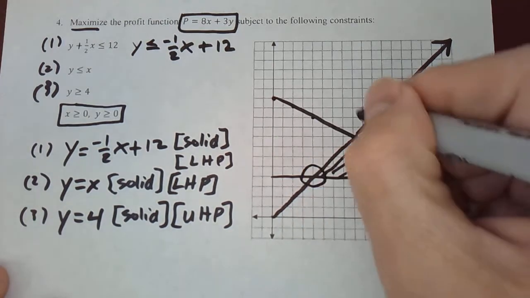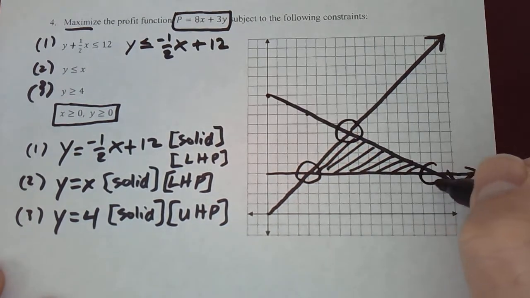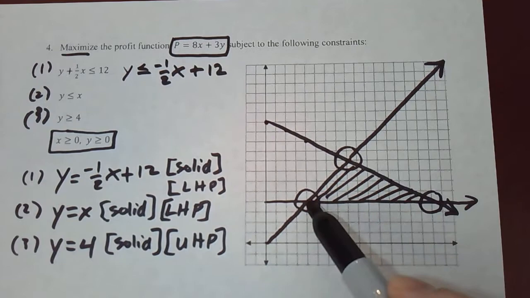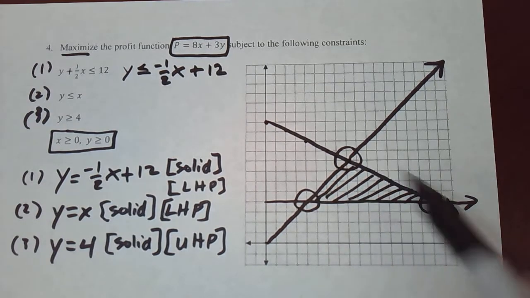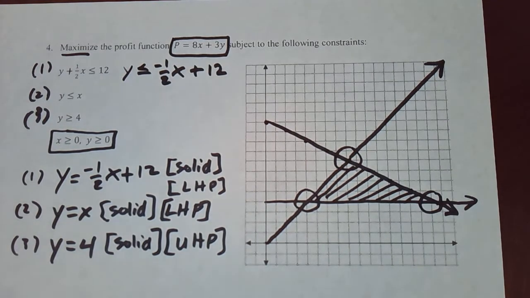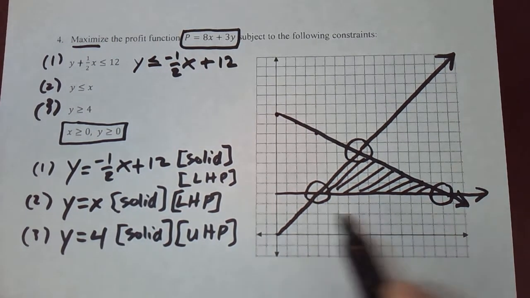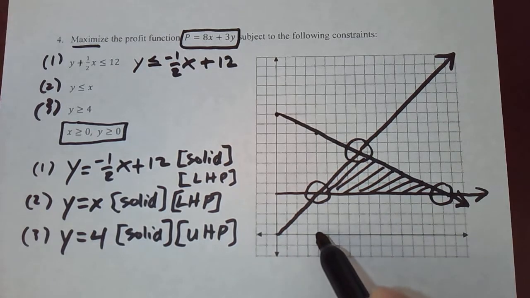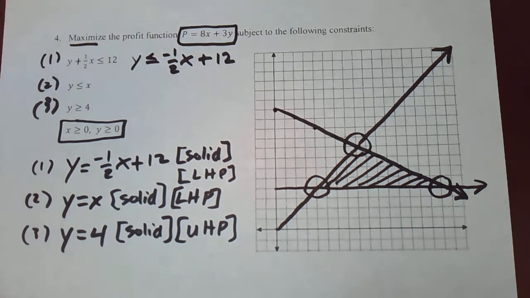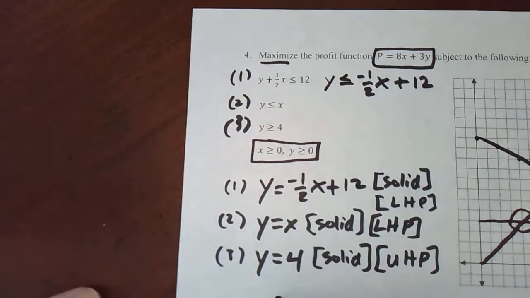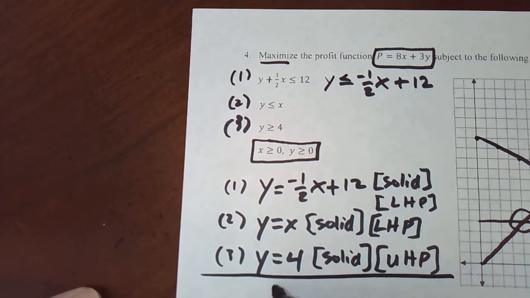Now let's circle, identify the 3 vertices, vertex points, corner points, because that is where the maximum will occur, either here, here, or here. It's always at a corner point. So let's make a small table, if we can, with the 3 points. One of the corner points is 4, 4.